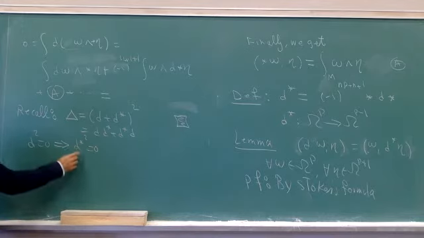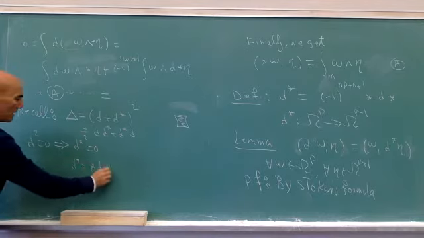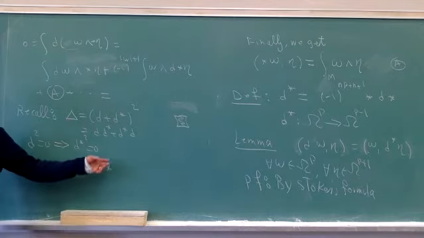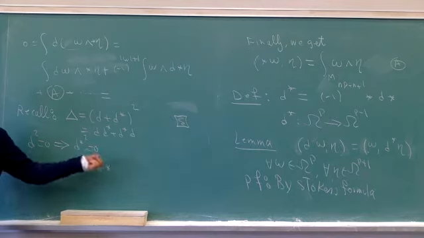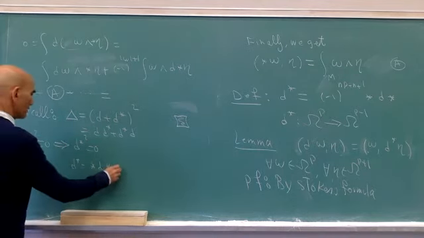D star is star D star, and because star squared is plus or minus 1, it drops, and D squared equal to 0 gives you D star squared equal to 0.